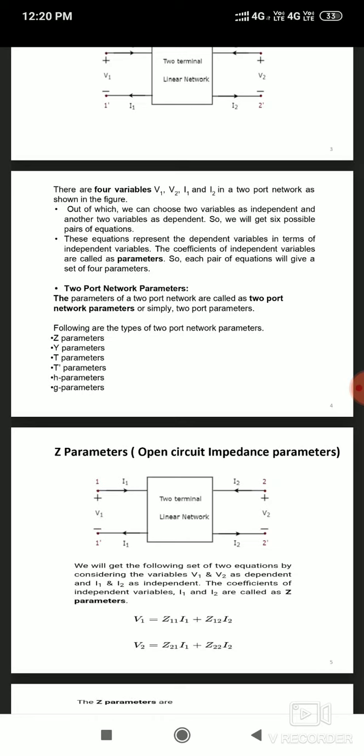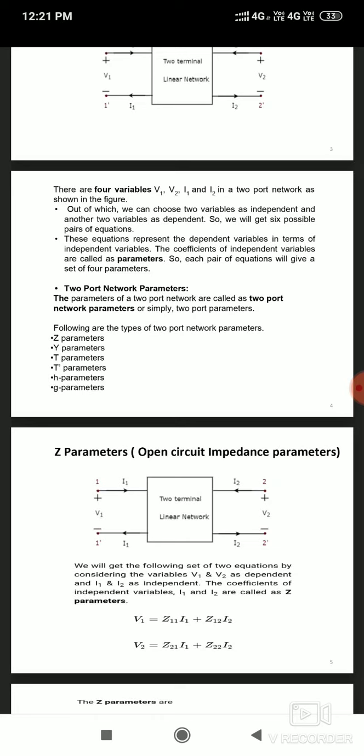Out of these six parameters we have only four in our syllabus, and those four we are going to consider. Once we learn these four parameters, we are going to compute the two-port network parameters. It may be Z parameters, Y, hybrid, or ABCD parameters. Do you understand? Means we are solving problems based on the two-port network.